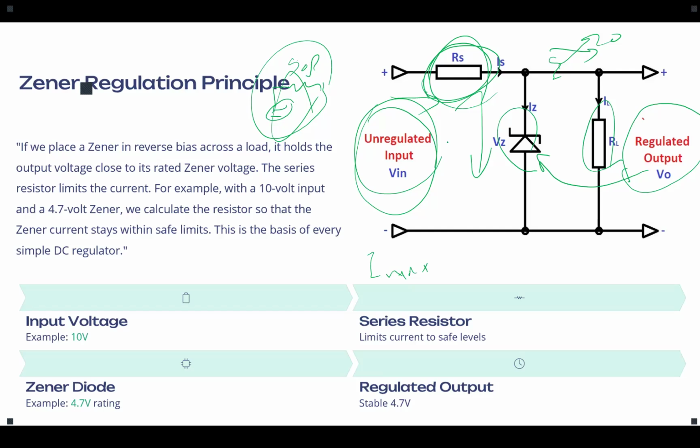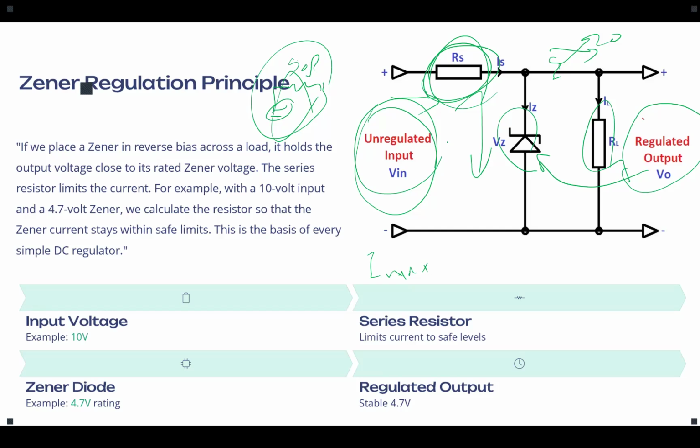There is going to be variation, higher or lower than that. So if you calculate the resistance for exactly 10 volts, there might be some situation where the current would pass the maximum current for the Zener.